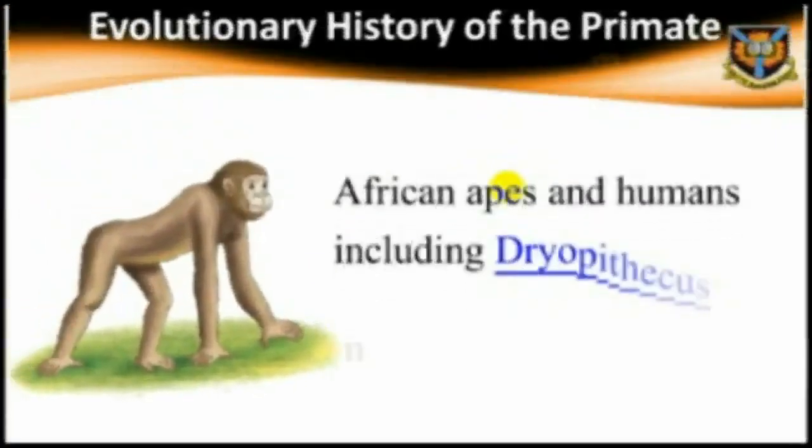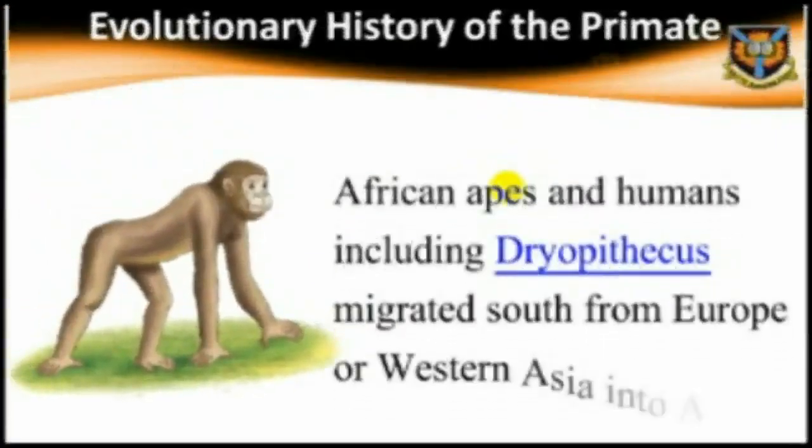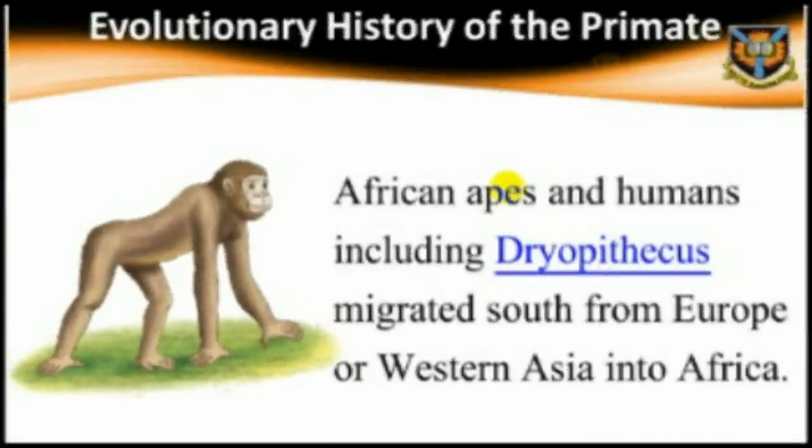This challenged the origin theory about human ancestry originating on the African continent. African apes and humans, including Dryopithecus, migrated south from East or Western Asia into Africa.